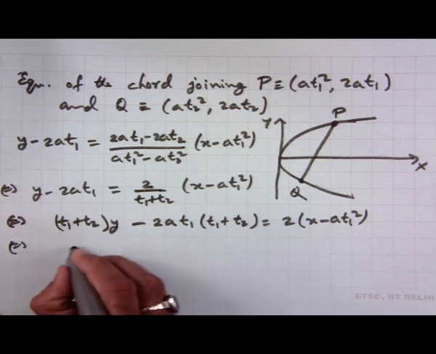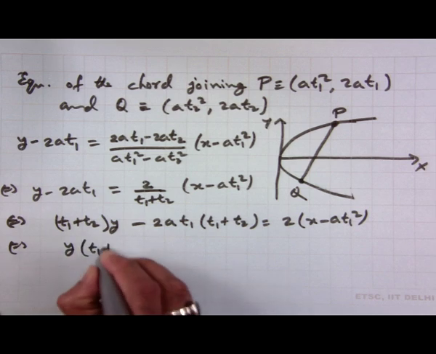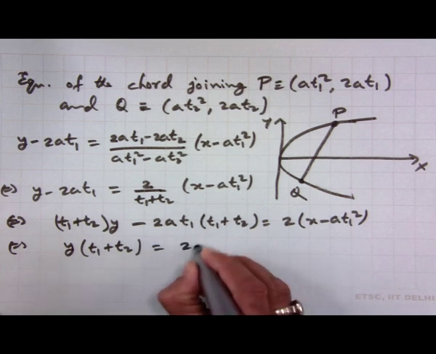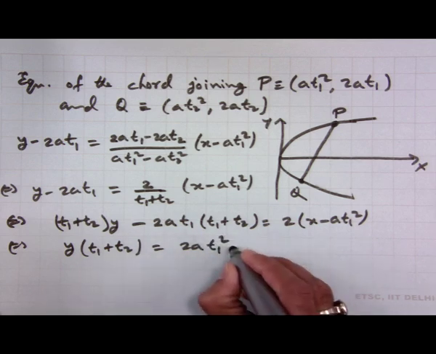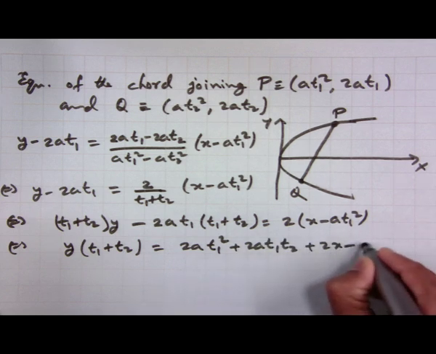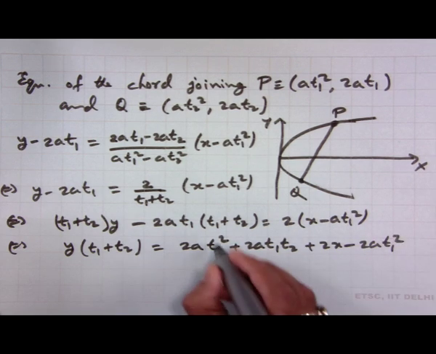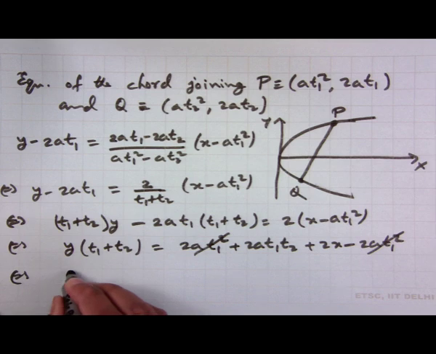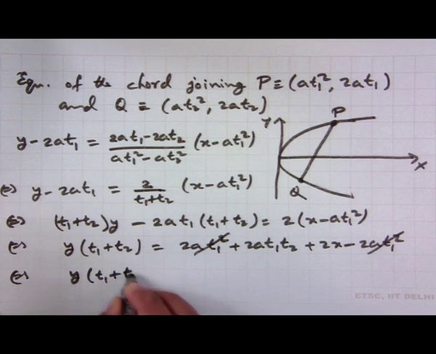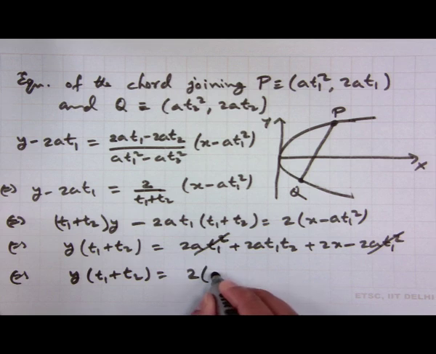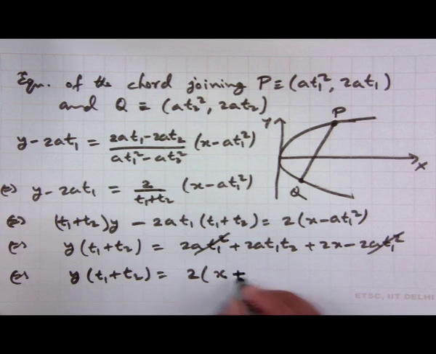or y times t 1 plus t 2 equal to 2 a t 1 square plus 2 a t 1 t 2 plus 2 x minus 2 a t 1 square. 2 a t 1 square cancels and we get y times t 1 plus t 2 is equal to 2 times x plus a t 1 t 2.